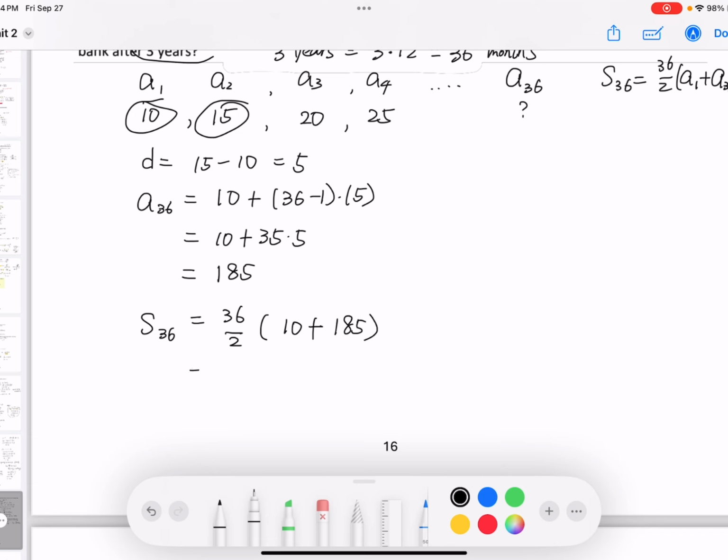It is 18 times the sum, which is 195. So we can use our calculator to find that after 3 years, the money is $3,510. So Anne needed to have a big piggy bank to save $3,510. Okay, that's the end of the video.